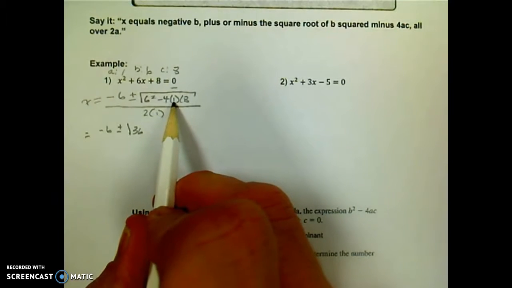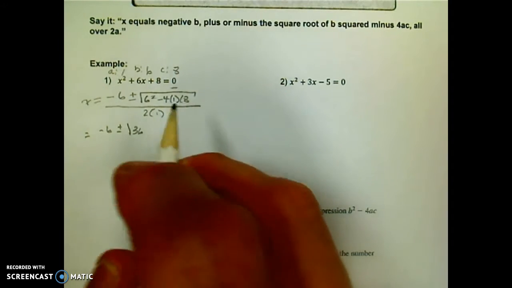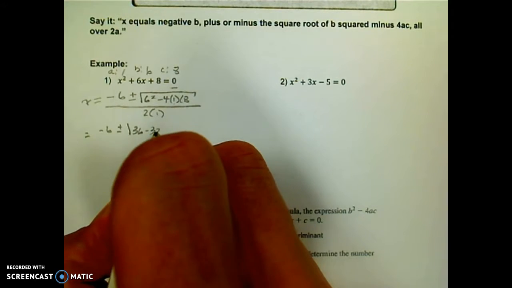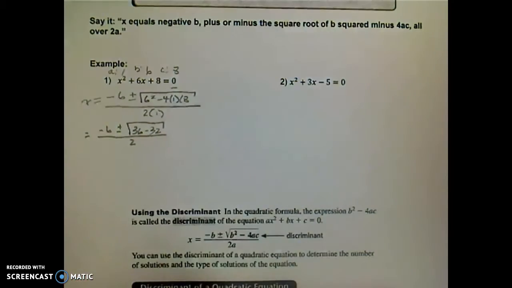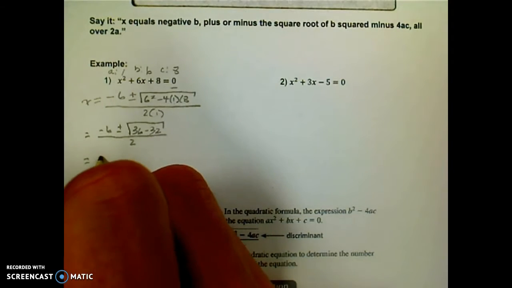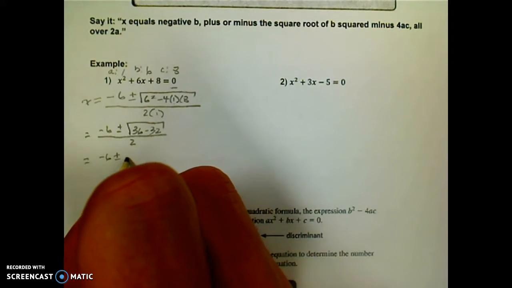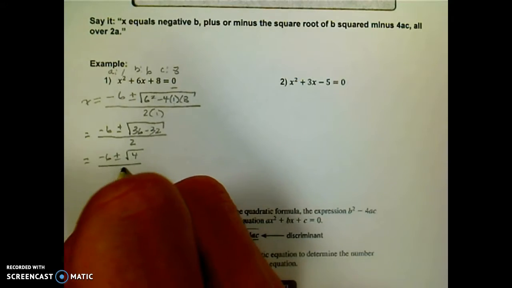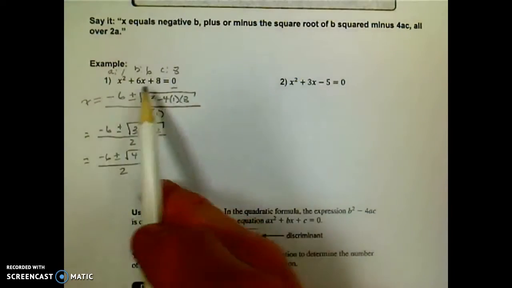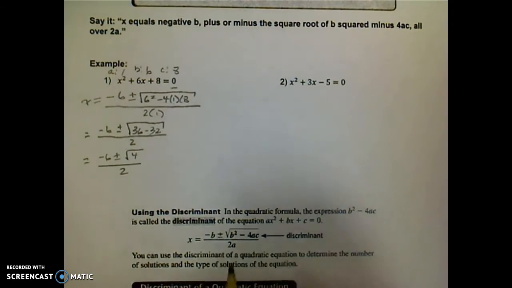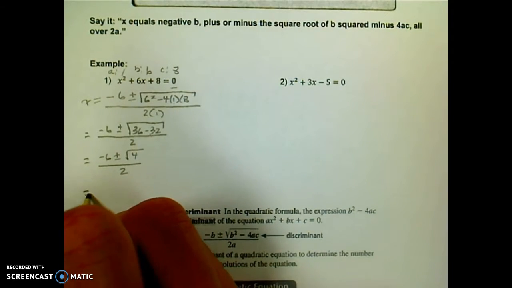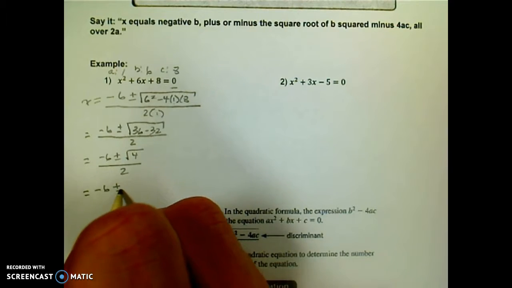So negative 4 times 1 is negative 4 times 8, that's negative 32. So inside our radical, 36 minus 32 all over 2. So negative 6 plus or minus the square root of 4 over 2. So in just 2 steps, we went from this mess to something that's much more easily handled. So negative 6 plus or minus the square root of 4, which is 2, over 2.